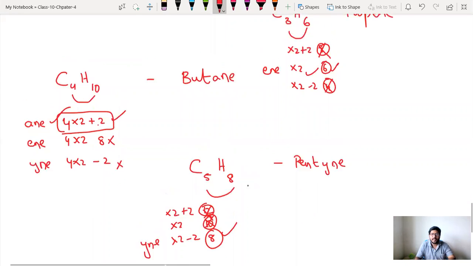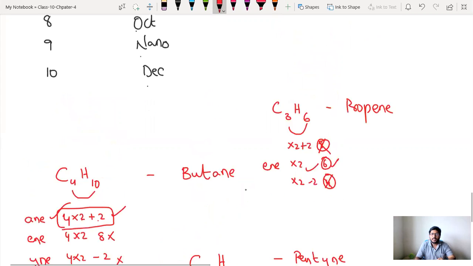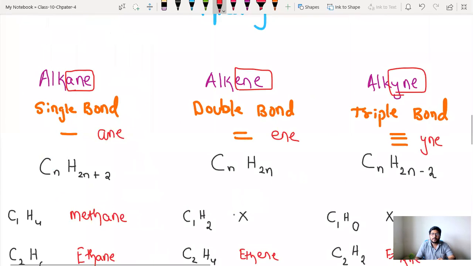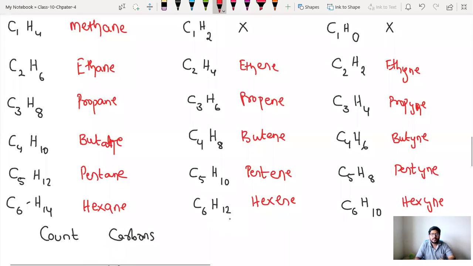Like that, easily we can name and identify the homologous series of hydrocarbon compounds. So you can take this screenshot, names of the compounds. Methane, no methene, no methine. It is not possible. Ethane, ethene, ethine. Propane, propene, propine.